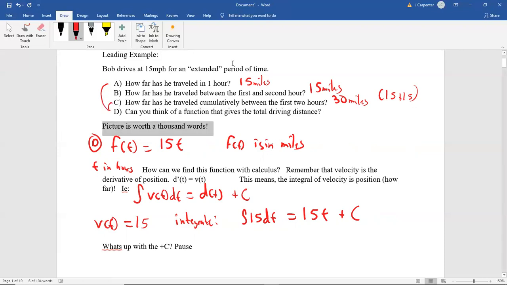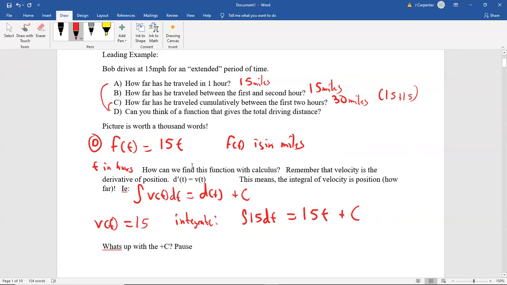Finally. All we've done so far is we've used basic logic and reasoning to get that, oh, he went 30 miles in the first 2 hours. We also built a function based on simple algebra skills. We made an association between derivatives and integrals in relation to our distance, velocity, and acceleration formulas, their derivatives with respect to each other.